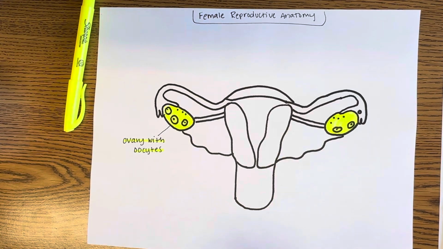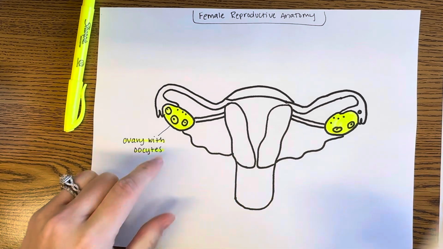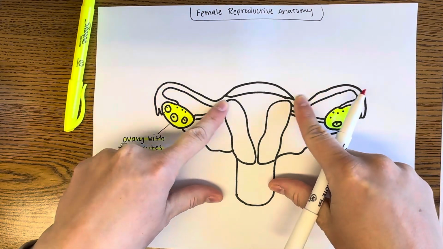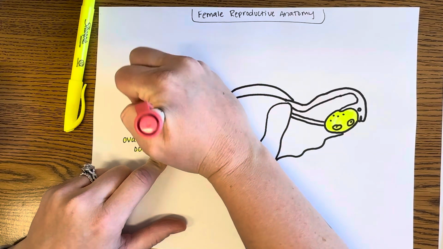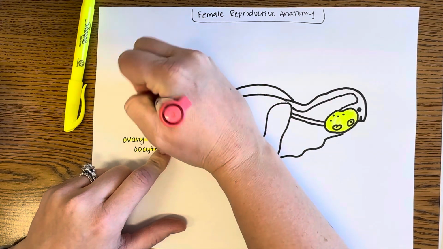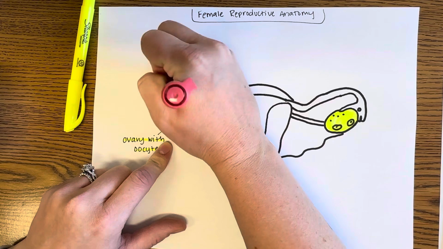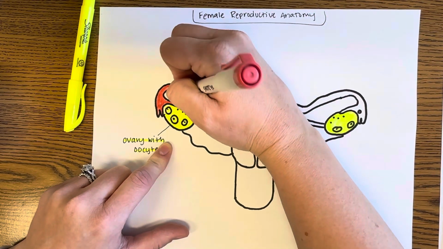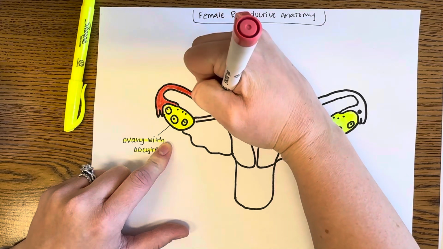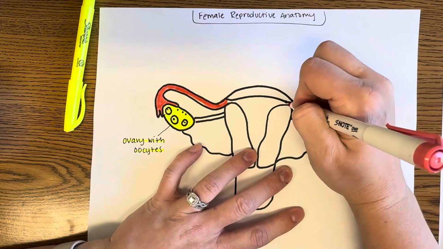All right. Next, we're going to go ahead and highlight this connecting point here from the ovaries. So I'm going to take a red and I'm just going to go ahead and fill this in all the way down. And then on this side as well.